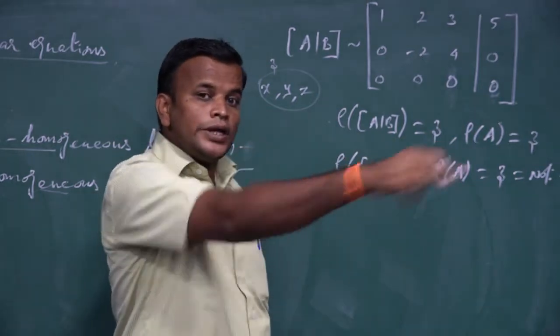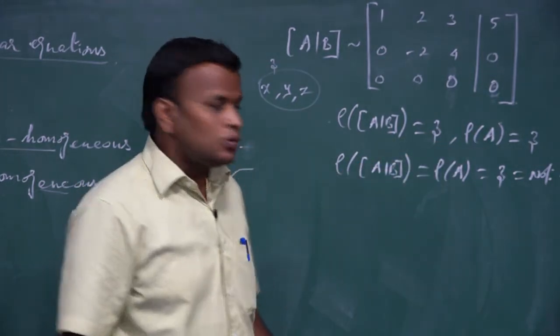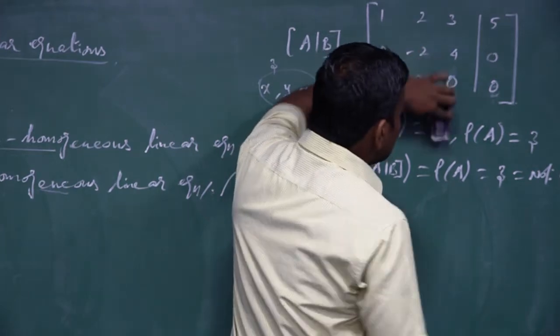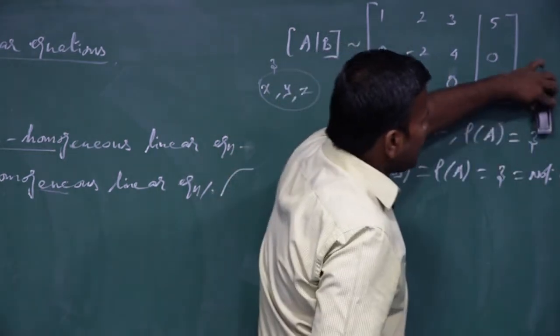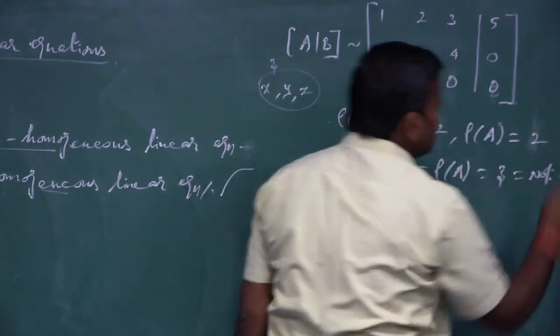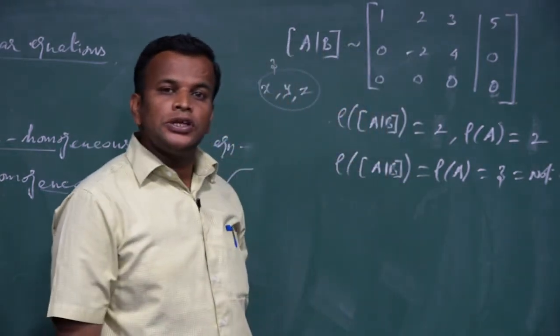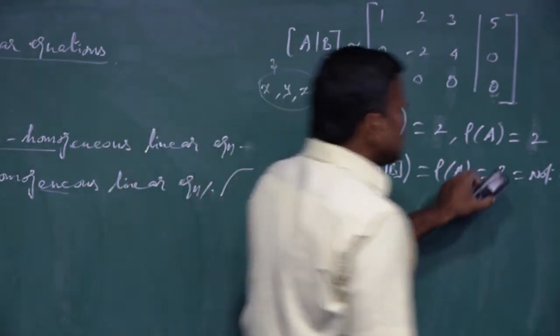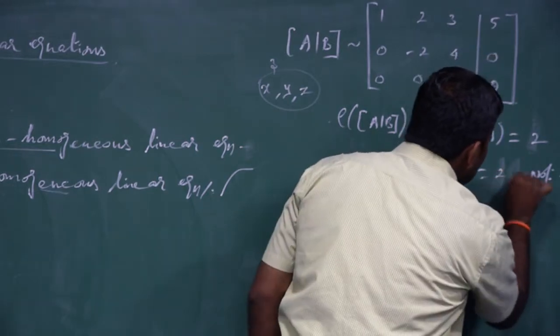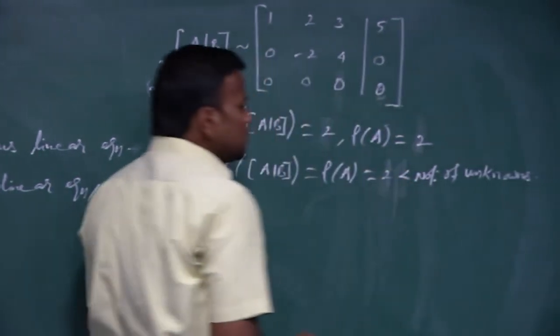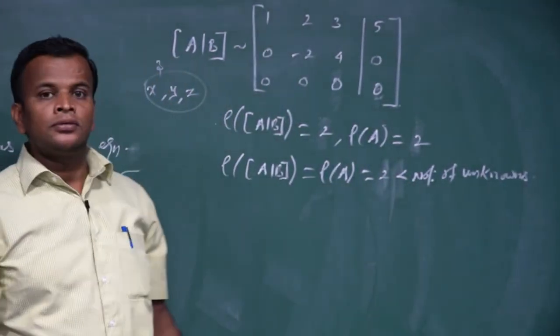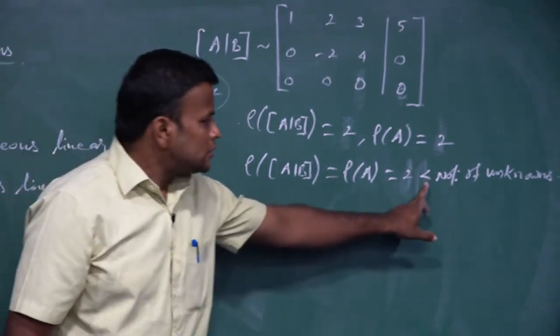You see the third row is fully 0. It is a zero row. So the rank of [A|B] is 2, and the rank of A is also 2. Both ranks are equal to 2. I say it is less than the number of unknowns.